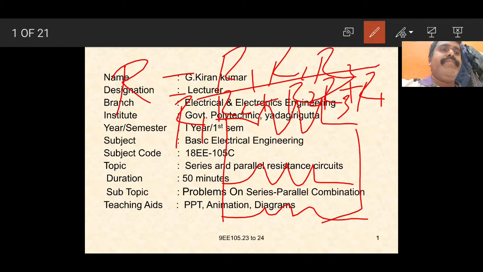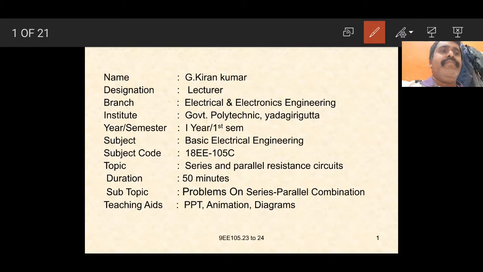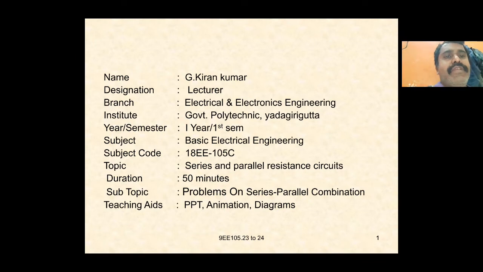In the case of series resistance circuits, the current remains the same and the voltage is divided. Again, in the case of a parallel circuit, the current is divided and the voltage remains the same.